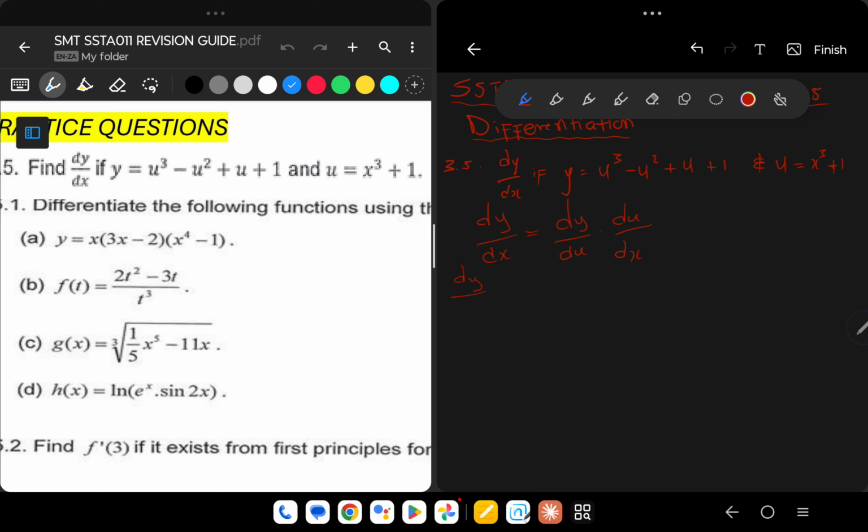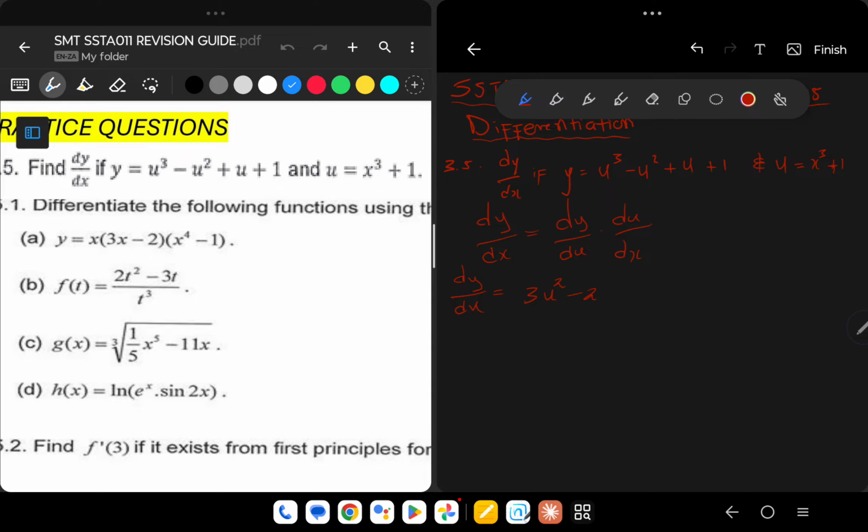So your dy over du in this case is just going to be what? You apply the exponent rule wherein you bring the exponent down. It's gonna be 3u, and then you minus 1 from the exponent, which is gonna be 2. So it's gonna be 3u squared, and then you bring the exponent down again.